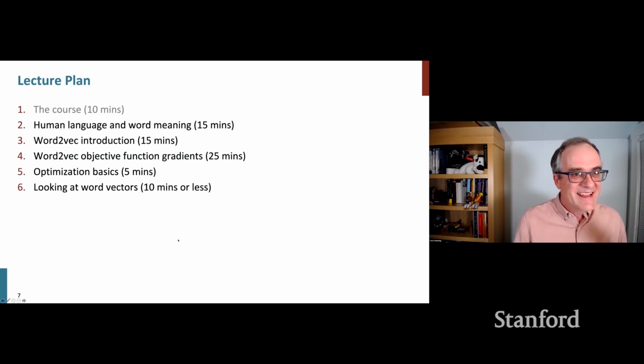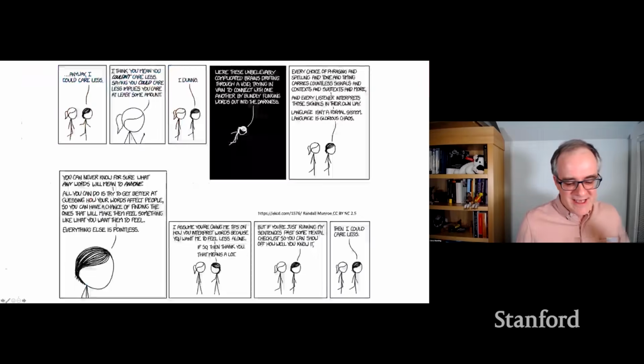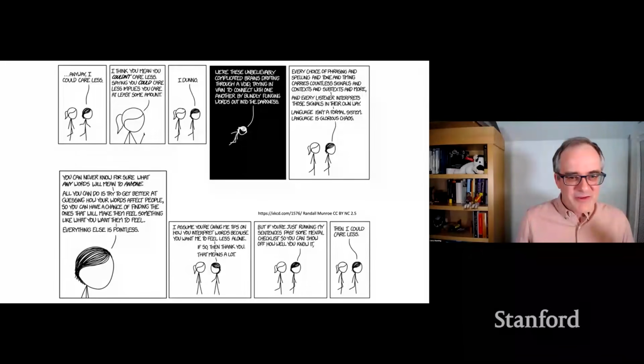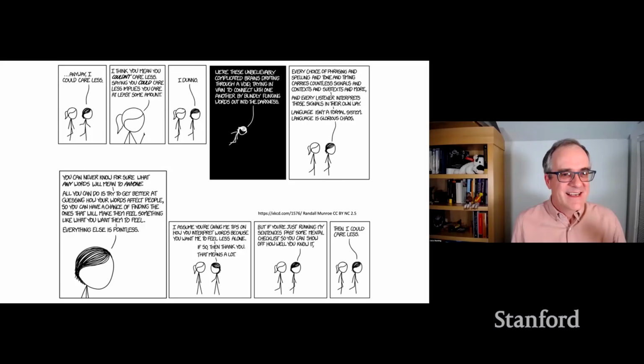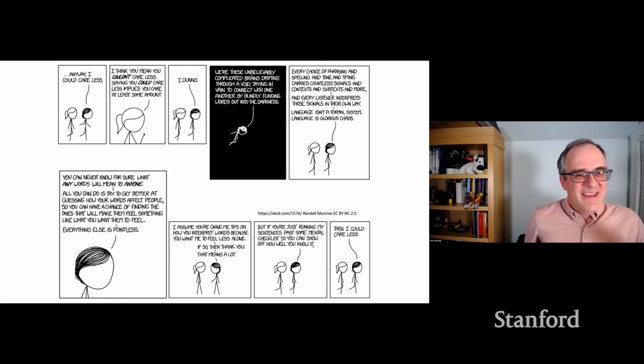Let's dive into human language. Once upon a time, I had a lot longer introduction that gave lots of examples about how human languages can be misunderstood and complex. I'll show a few of those examples in later lectures. But since for today we're going to be focused on word meaning, I thought I'd just give one example, which comes from a very nice XKCD cartoon.